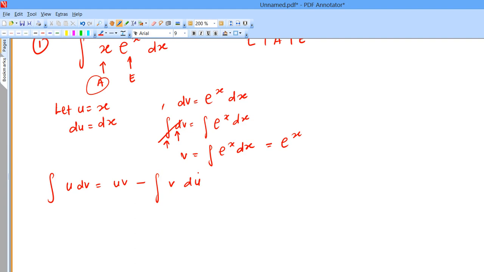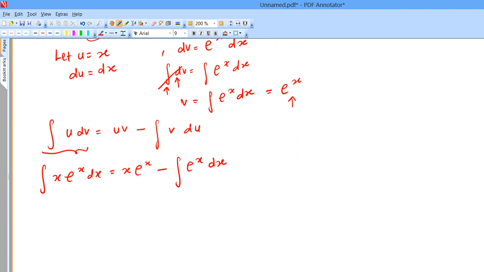Left hand side, you just need to write the original equation: integrate x e power of x dx equals, right hand side, u equals x and v equals e power of x, minus integrate v, e power of x, times du, equal to dx.